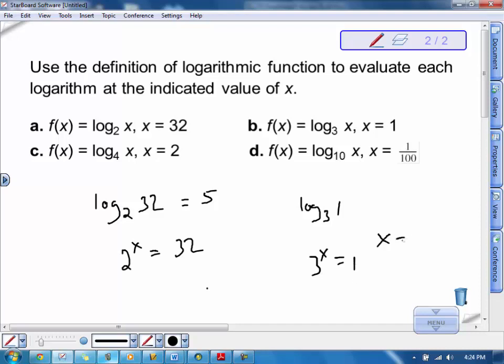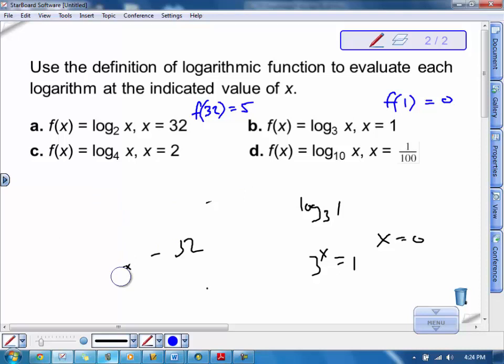Well, the answer is 0. I should say f of 32 gives you 5, because these are functions. So for this one, f of 1, if you stick in 1 here, you get 0.